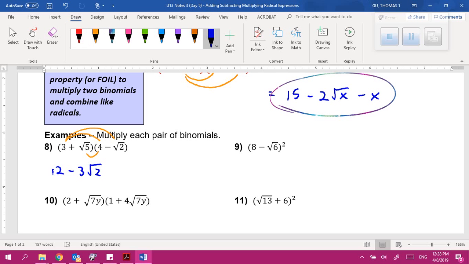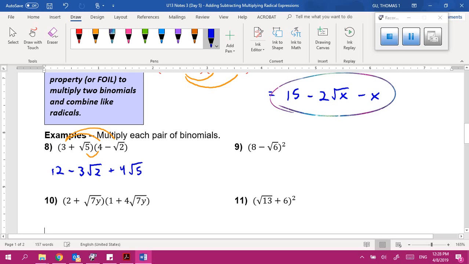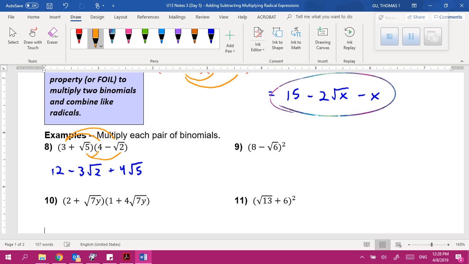Right, that is 4 square roots of 5, so plus 4 square roots of 5. And lastly, what do I multiply? Which is what? That is right, it's minus square root of 10.